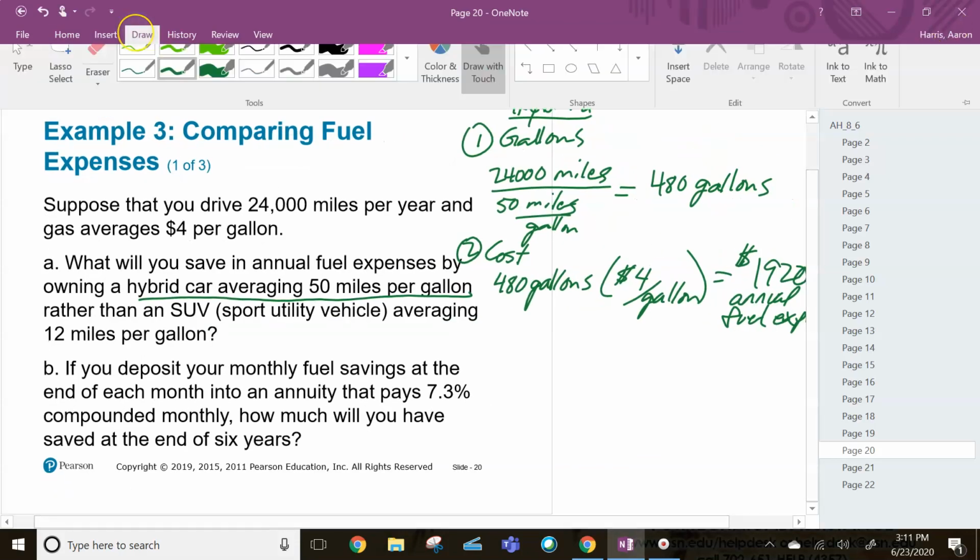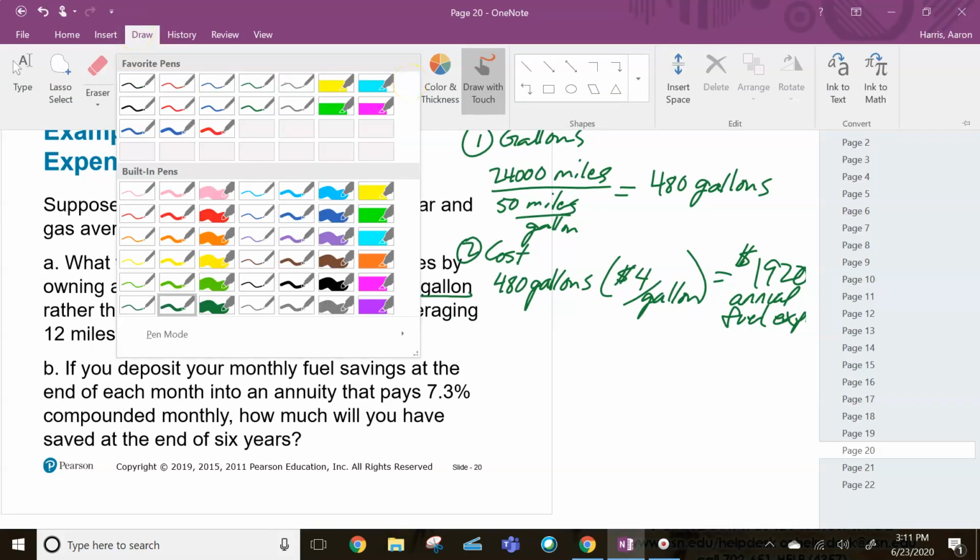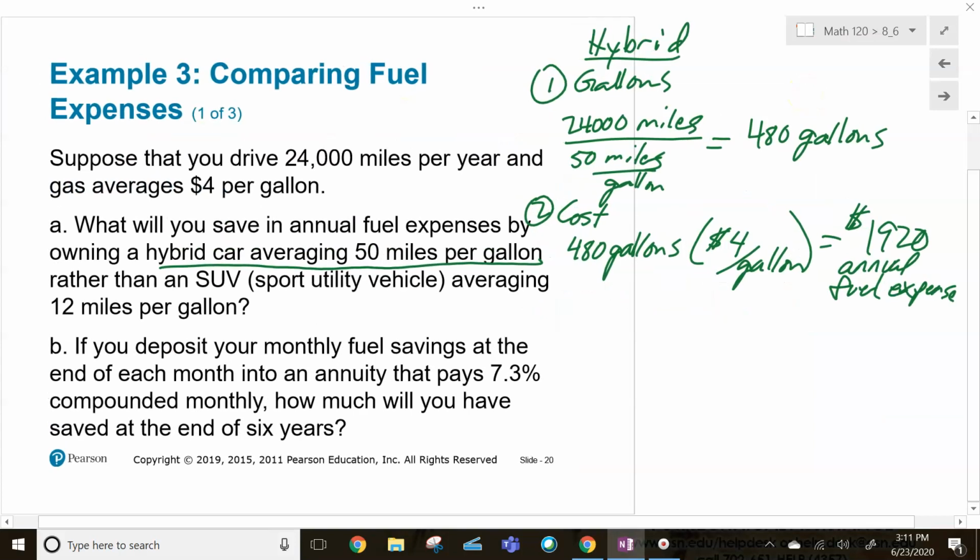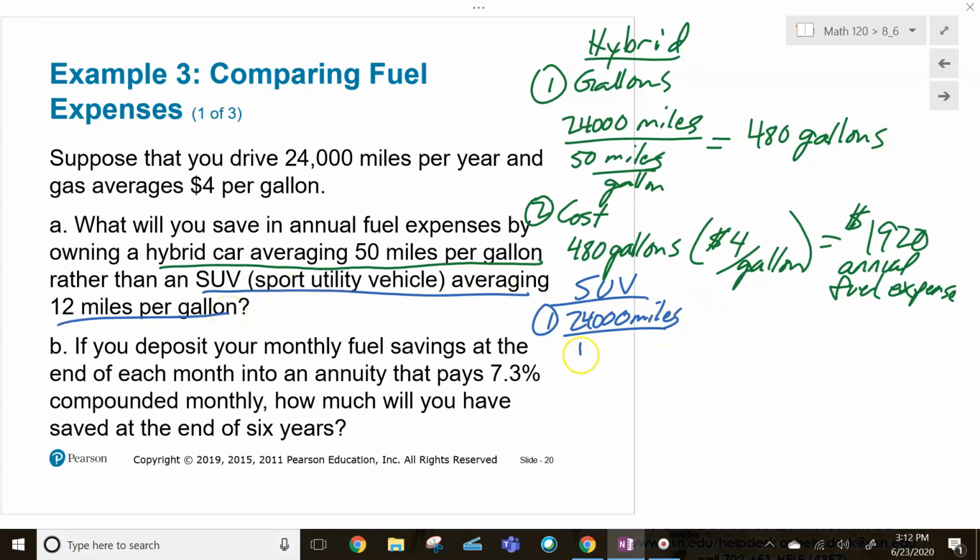To the SUV. Let me get my blue out. So the SUV, how many gallons? First of all, we drive 24,000 miles, but it only gets the SUV 12 miles per gallon. 24,000 divided by 12 gives us 2,000 gallons of gas that you use every year.